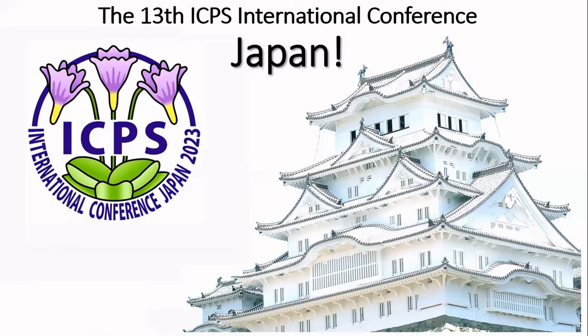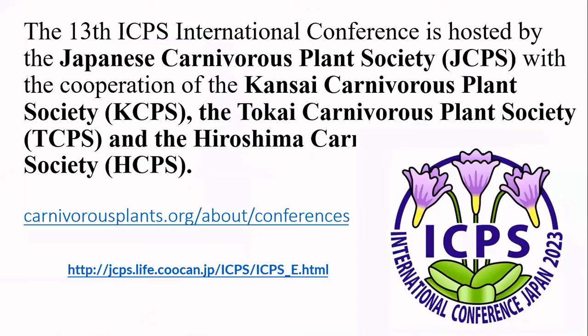The 13th ICPS International Conference is happening in 2023 in Japan. We are excited because we've been to Japan before for our international conferences. The conference is hosted by many associations and societies, which are listed on the screen right now.